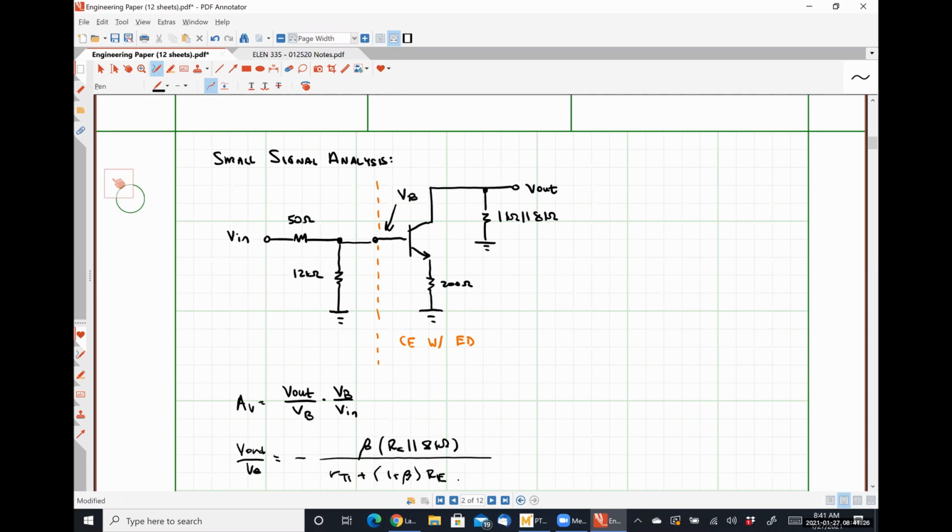All right, and I should be able to calculate a numerical value for this, right? So let's go ahead and take care of that. So I'm going to have negative 100 times RC, which is 1 kilo ohm times 8 kilo ohms divided by 8 plus 1, so that's 9 kilo ohms.